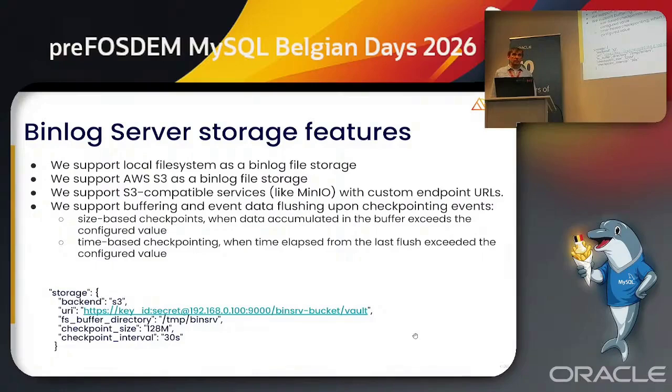For cloud, we do a few interesting things which we call checkpointing. We do not immediately flush data to local disk or to S3. We buffer this operation and can specify two types of events on which the real write could happen. One of them is size-based: as soon as our internal buffer reaches, I don't know, 128 megabytes, do the flush, or do the flush every 30 seconds, or whatever comes to your mind.